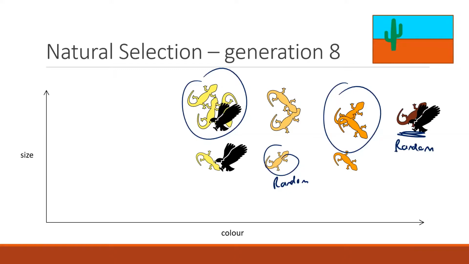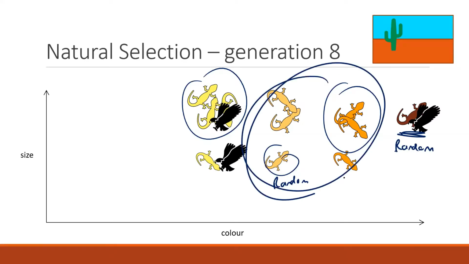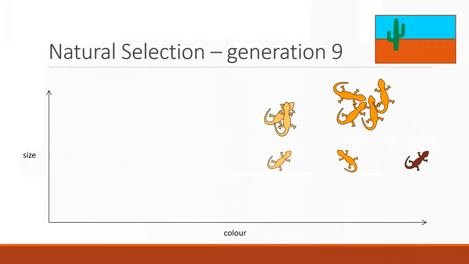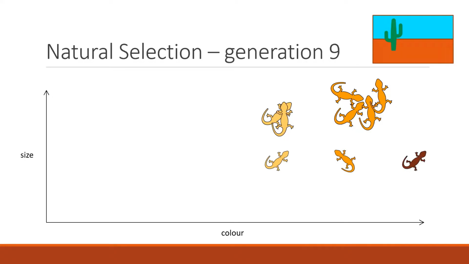So the next generation can only have genes in this gene pool, these kinds of colors. Sure, there might be one or two random lizards that randomly get born with mutations, but these are going to be the main ones. Let's fast forward to generation 9, and now we can see that this seems to be a good.